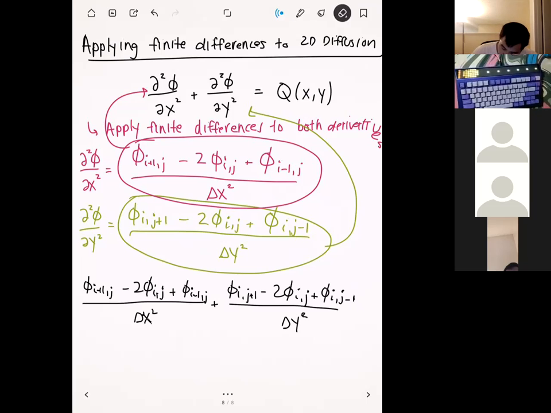And then all this is going to be equal to our source term, which is q, and I'll just leave it as q for now.